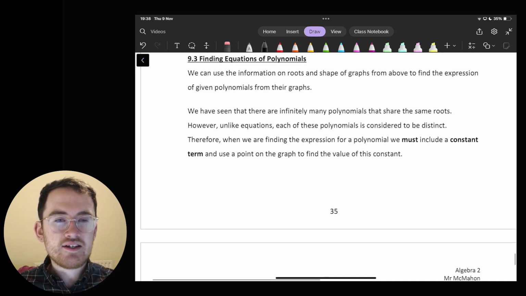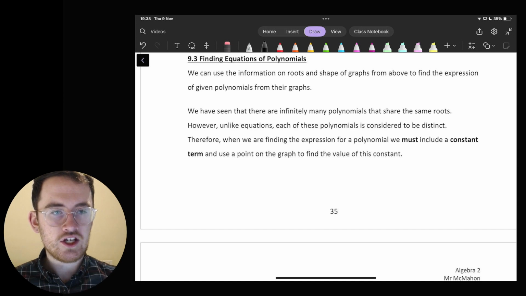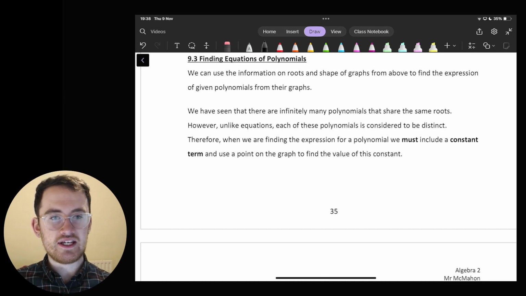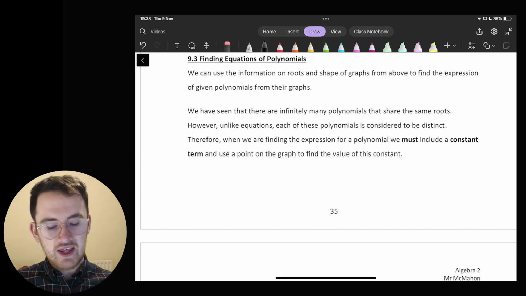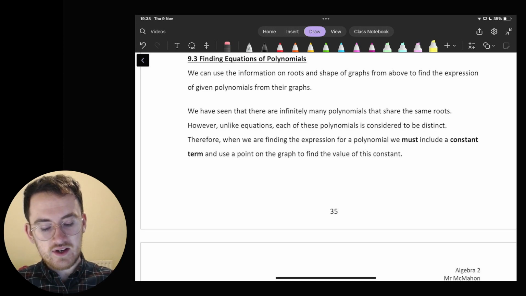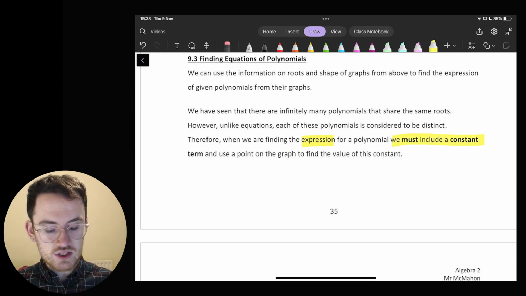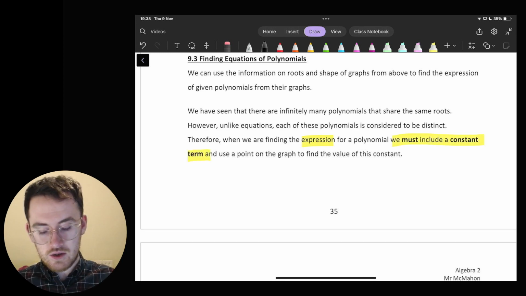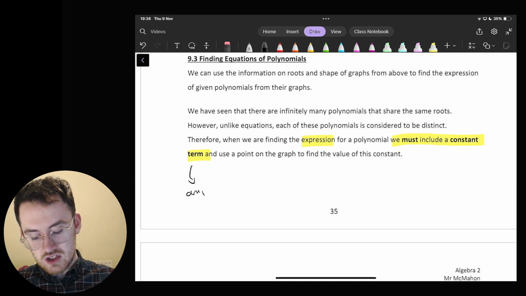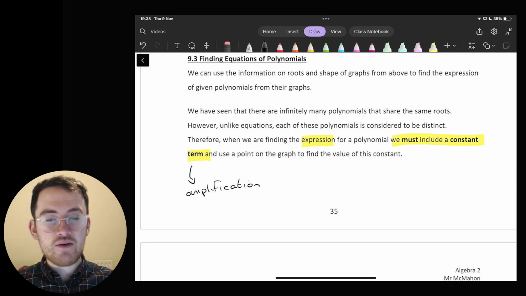As I touched on earlier, unlike equations, we consider each of these to be distinct. And therefore, when we are trying to find the expression for a polynomial, we must include a constant term. It's kind of an amplification term, if you like, and then we will use a point on the graph to find the value of that constant.